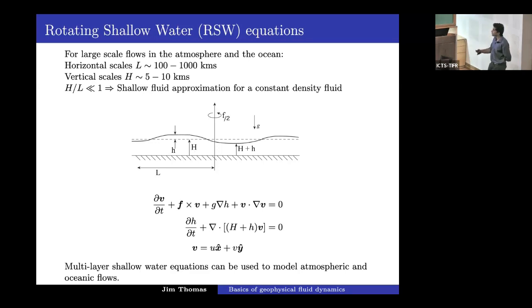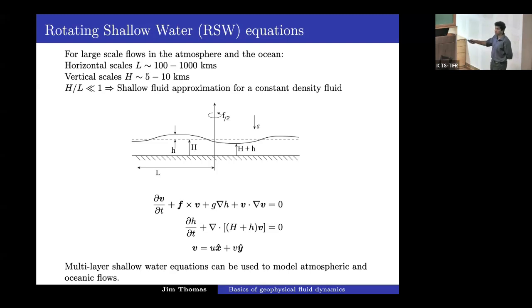Now, in the atmosphere and the ocean, density changes a lot in the vertical direction. So if you want to model density variable fluids, what you do is put multiple layers of shallow water stacked on top of each other. This is a very common modeling strategy used in the atmosphere and the ocean community. Many popular ocean models are multi-layer shallow water equations, where you assume you have, let's say, a fluid of density 1 unit, and above this you would put in a fluid of density 0.9, and above that maybe density 0.8, and so on.